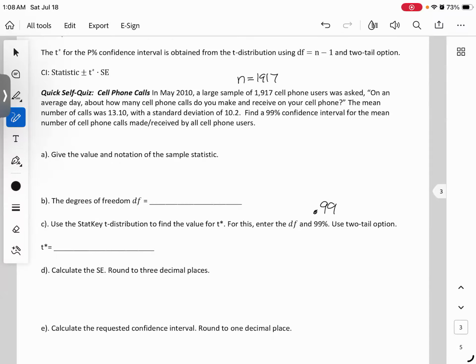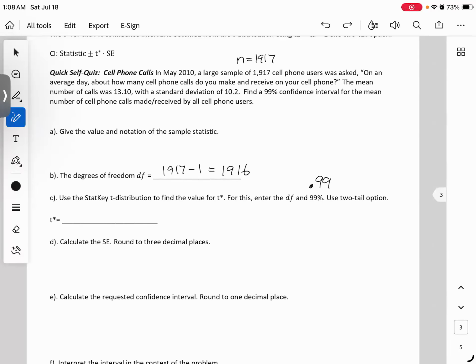And on this one, you would have 1917 minus 1. So you'd have degree of freedom 1916. So those two things are what you would put into the t distribution to get your t star. And I want you to try that one and see that you should get 2.578.